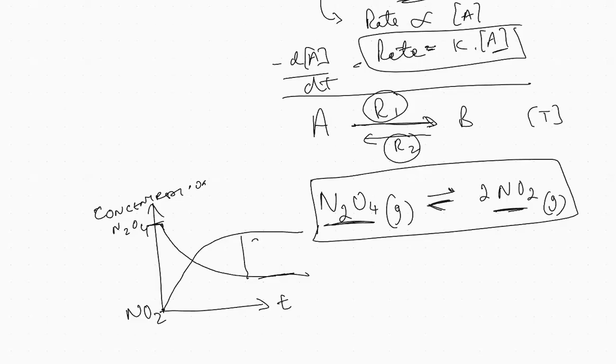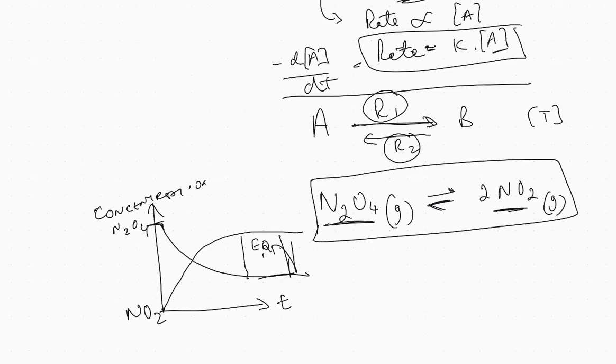So remember that. Otherwise, if it were just a one-way reaction, the N2O4 would completely disappear and only NO2 would be there, but because it goes both ways, both are happening.